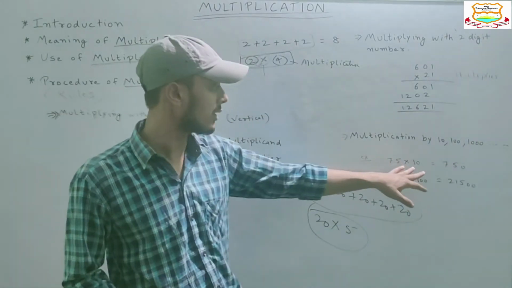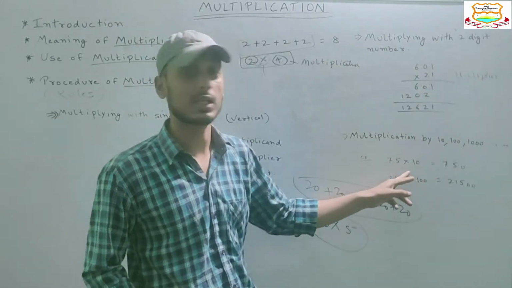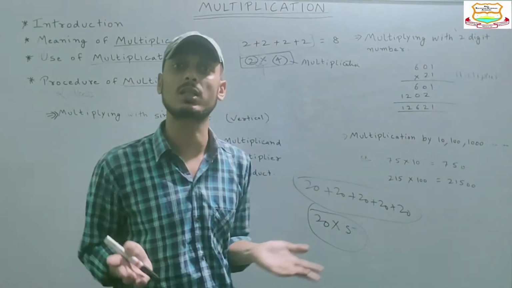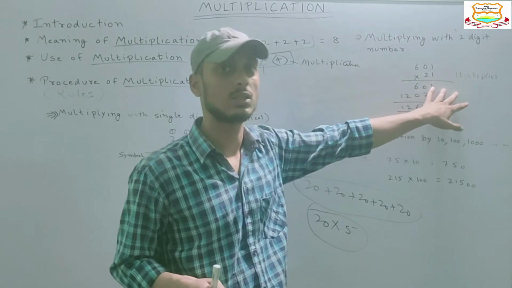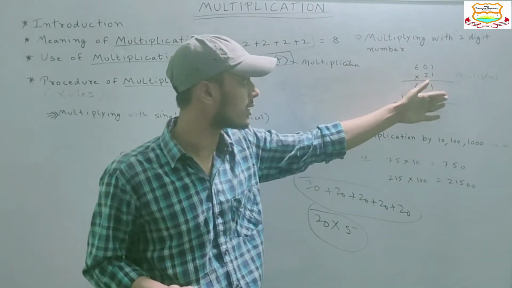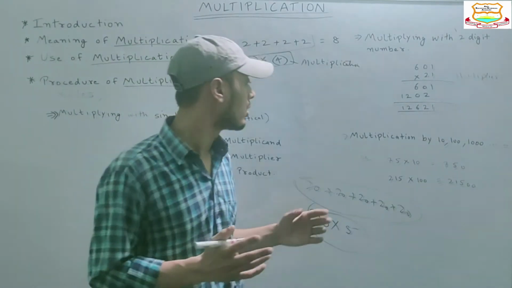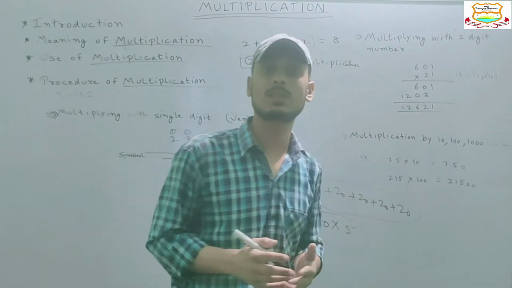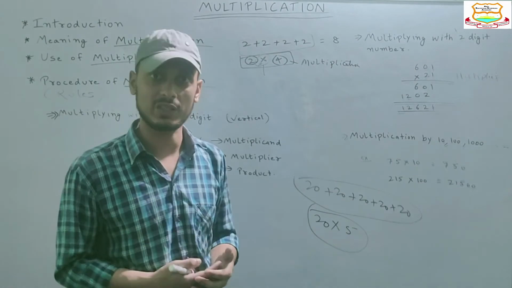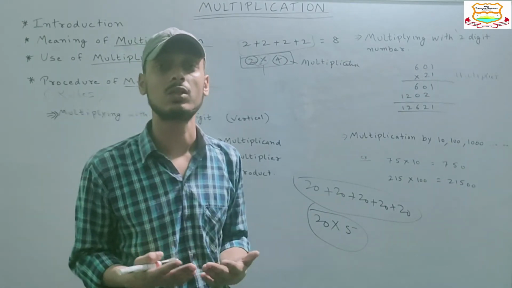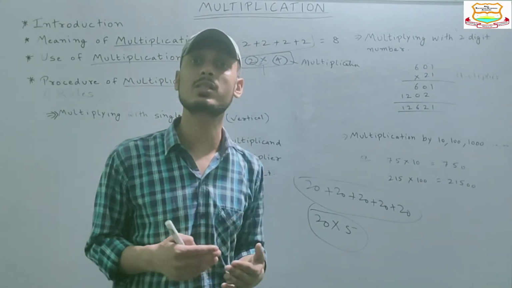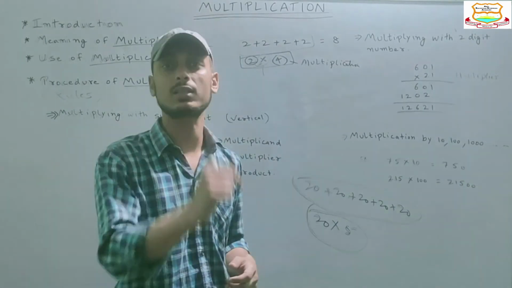To multiply this, we don't need to arrange the number vertically. Yes, of course, if you do it that way the answer will remain the same, but this multiplication can be done in an easier way. Or I can say you can do this multiplication directly.